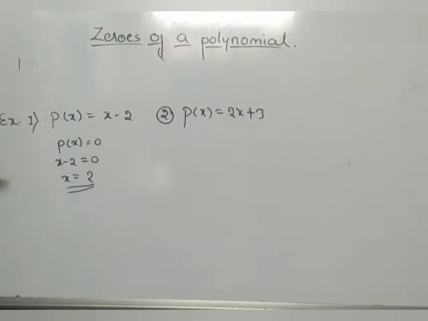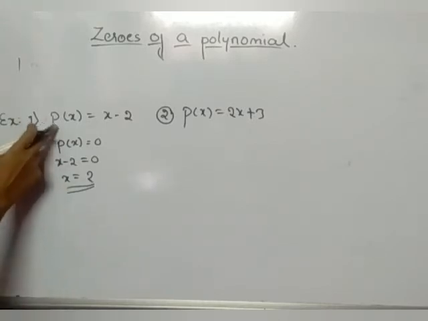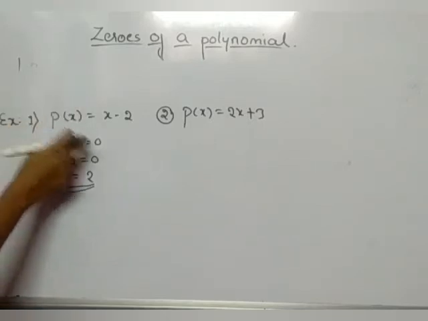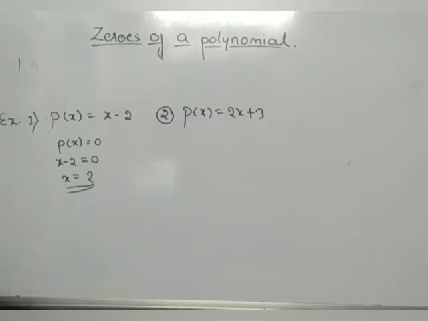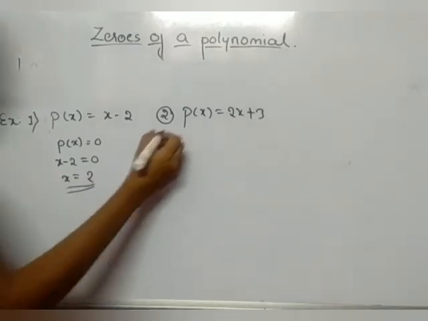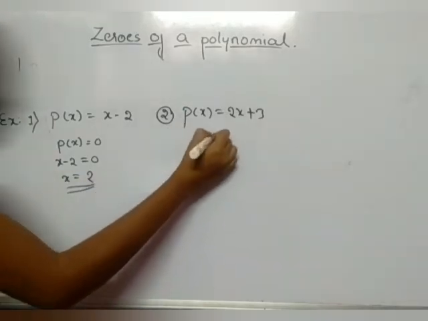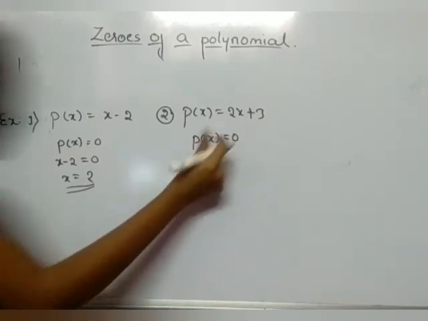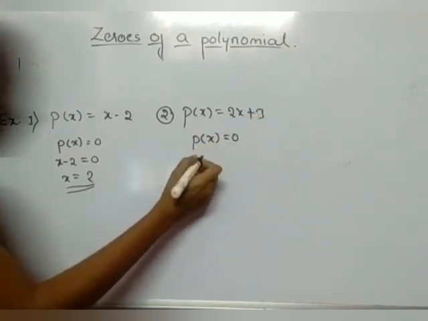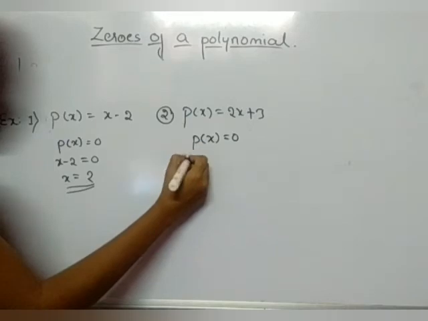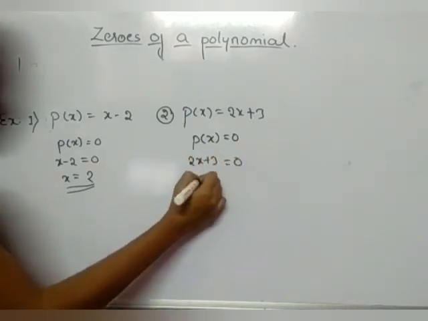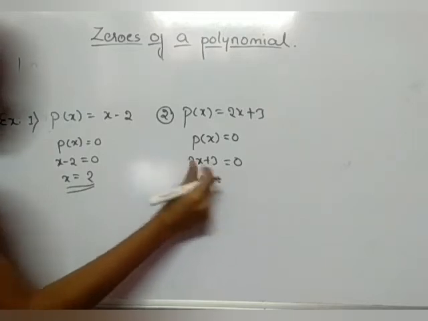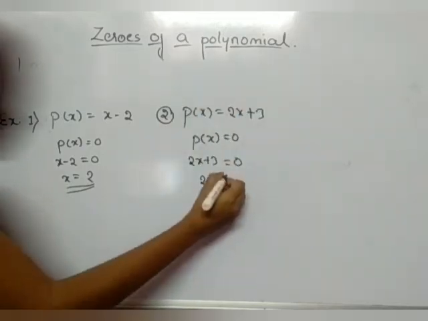To find that 0, first we need to equate this p of x to 0, then we need to find the value of x, right? Similarly here also, first we need to equate this polynomial to 0. P of x is 2x plus 3 equal to 0. Then 2x is equal to, this is plus, I will bring it to the right hand side.